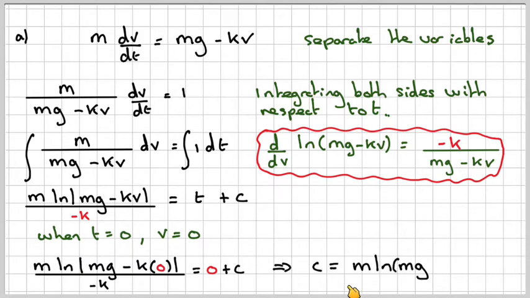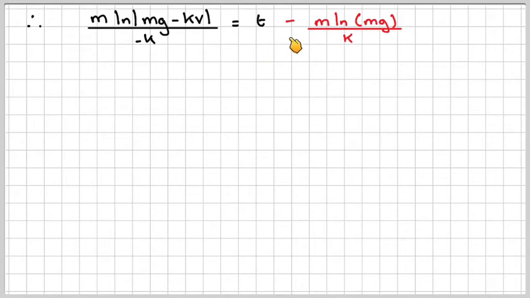So c is equal to m times ln(mg) over minus k. If we put that in, we end up with m ln(mg - kv) over minus k is equal to t minus m ln(mg) over k.